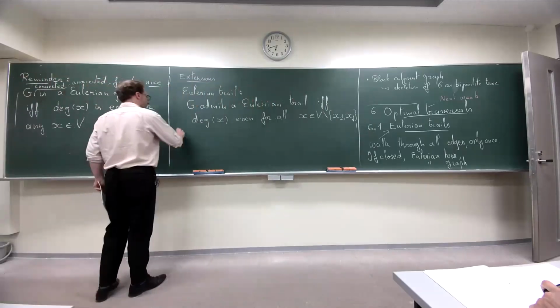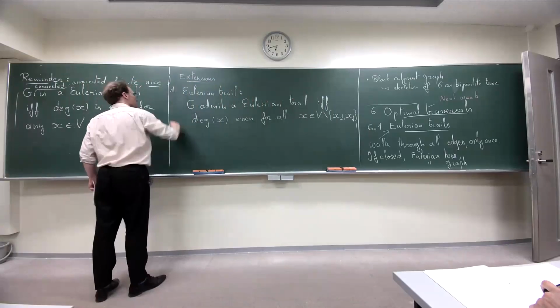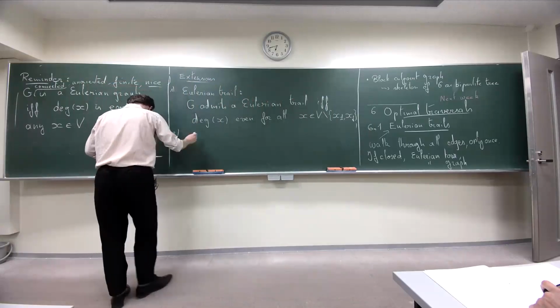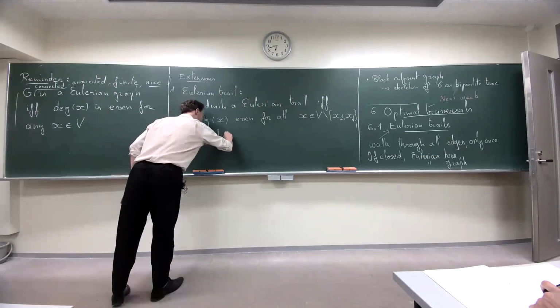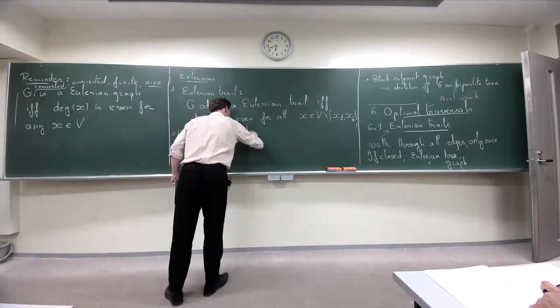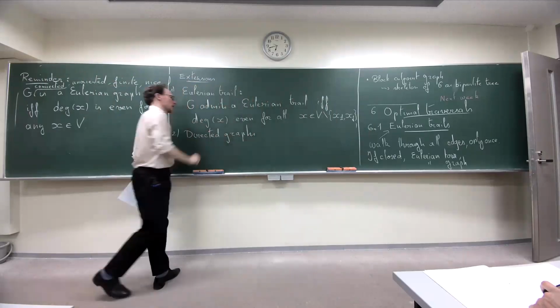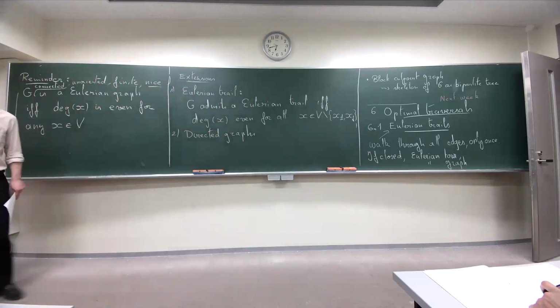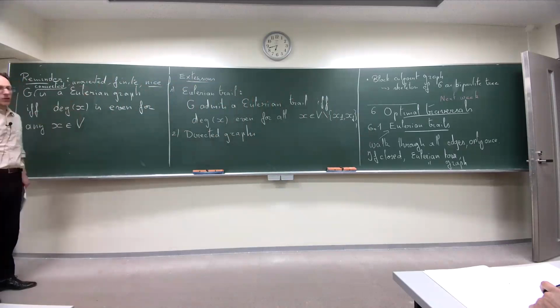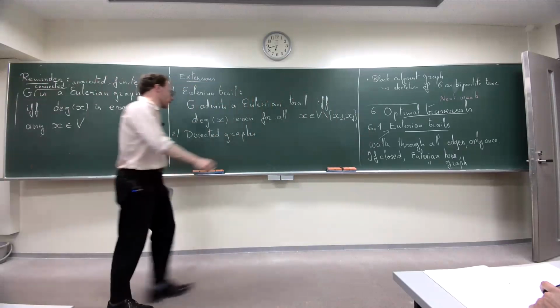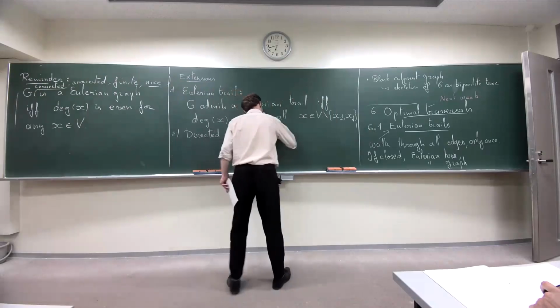What about directed graphs? You can also do it for a directed graph. If you have a directed graph, you can wonder what is necessary to have either a Eulerian tour or a Eulerian trail.